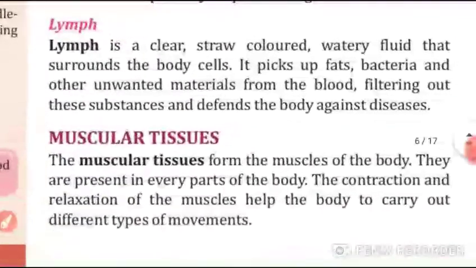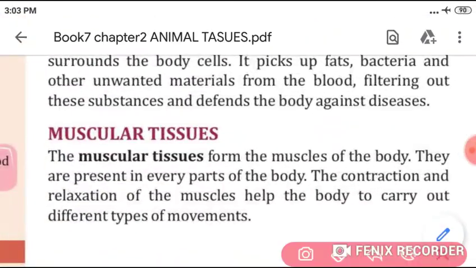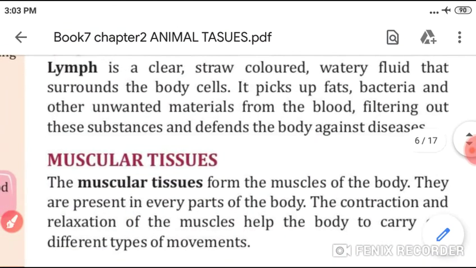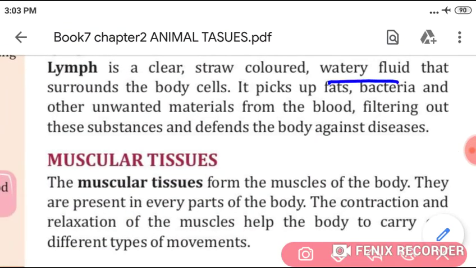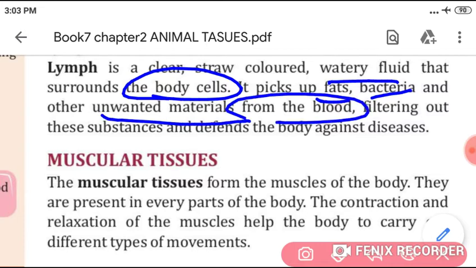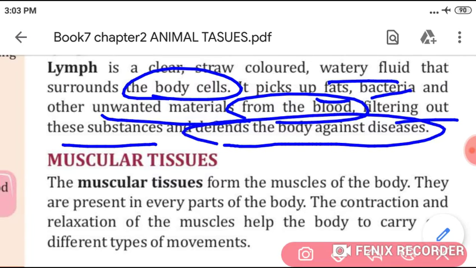Students, lymph is a clear, straw colored watery fluid that surrounds the body cells, and what it is doing is that it picks up the fat, bacteria and other unwanted materials from the body, filtering out these substances and defends the body against diseases. Okay, this is the work of lymph.